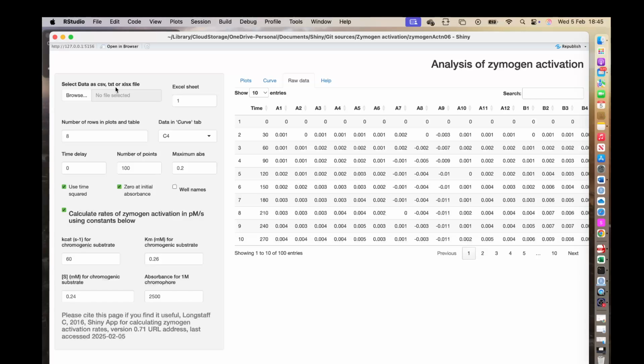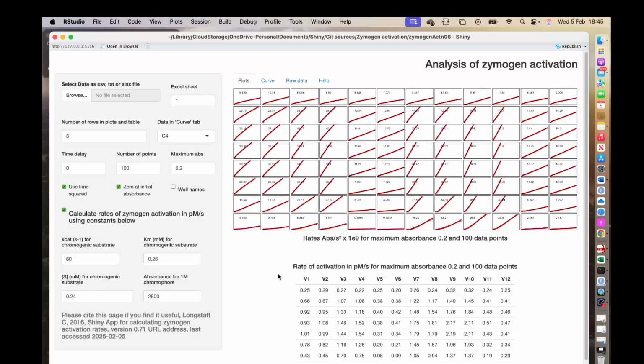It is expected that all the data columns will have header text: time, well names, A1, A2, etc. The required format can be seen in the data loaded when the app launches by clicking on the Raw Data tab. Problems can often occur which cause the app to crash as a result of badly formatted data. Please ensure that your data contains no missing values or empty columns or rows, and avoid special characters.